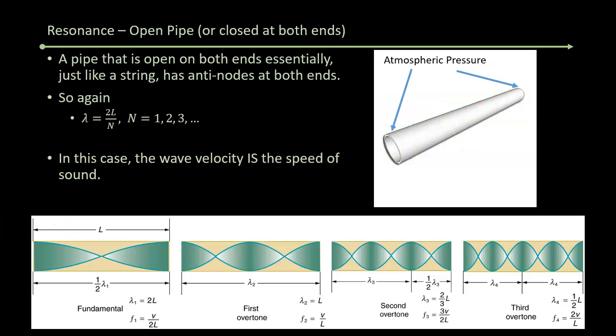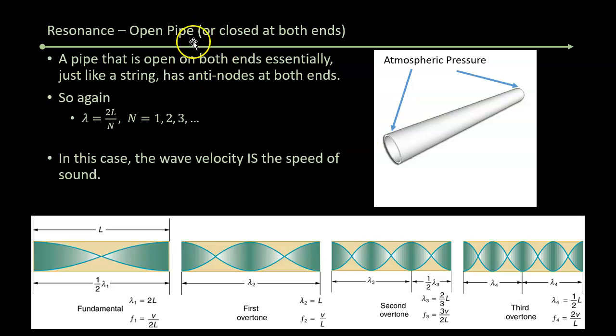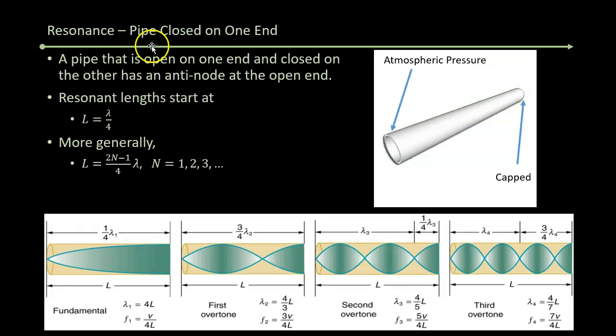If we think about a tube that is closed on one end, and trivially, you can get the same result out of a tube that's closed on both ends. It just doesn't make a very good instrument. So if you have a pipe that's closed on just one end where it's capped, and at atmospheric pressure on the other end, then you get a different situation.